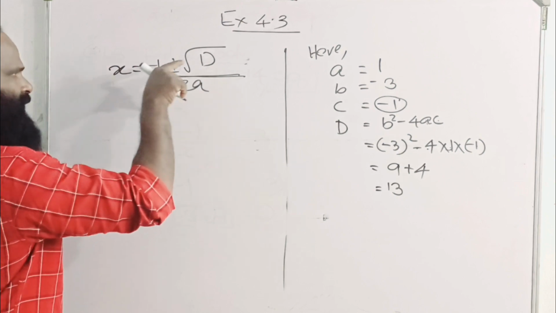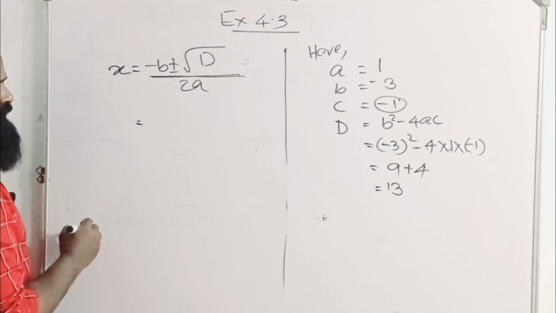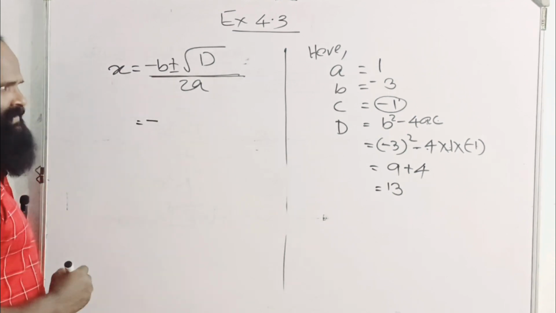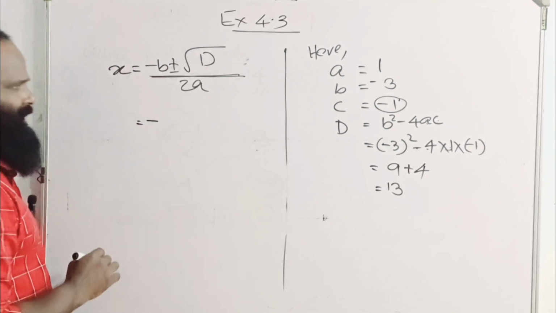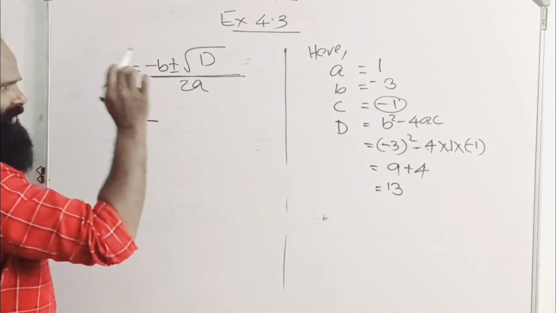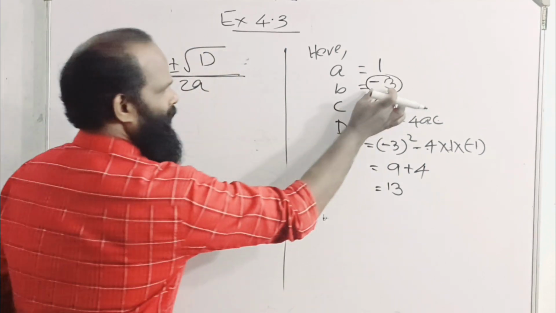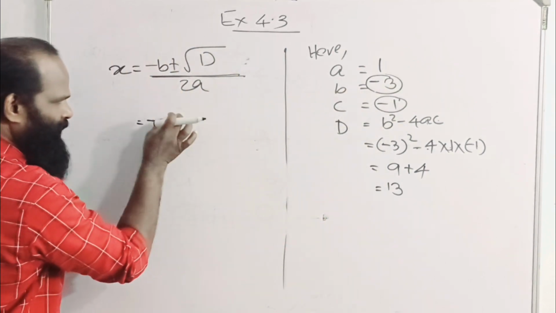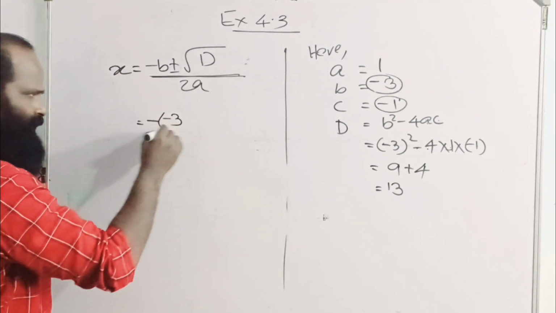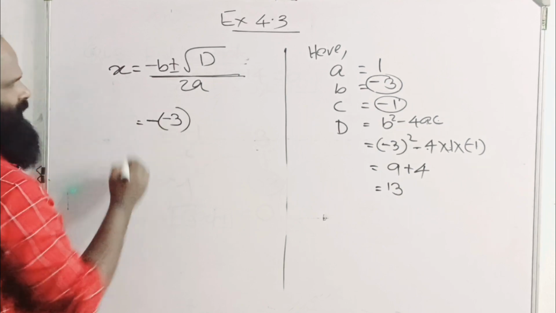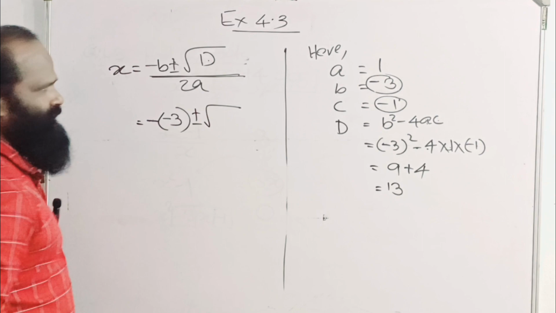It covers both minus b and root D. This is a sign in the formula, and b has its own sign, this is negative 3. I place this negative 3 in place of b, not simply 3, negative 3. So minus negative 3 plus or minus root D.